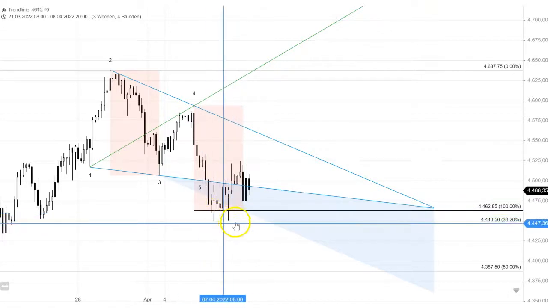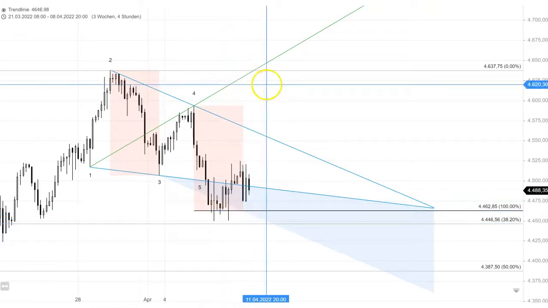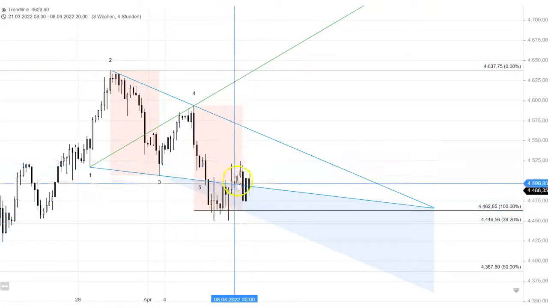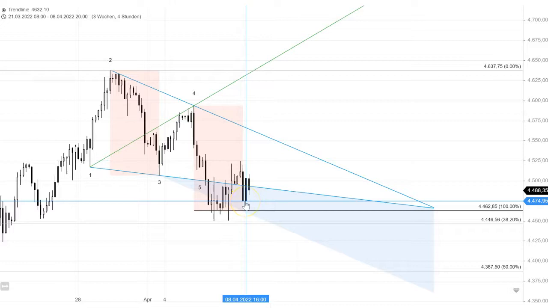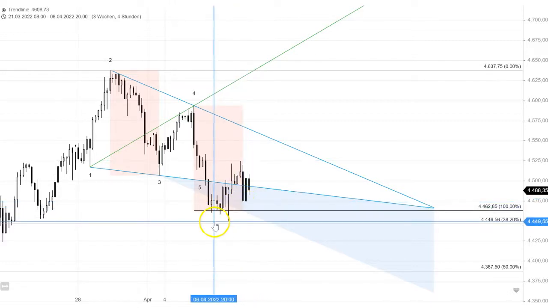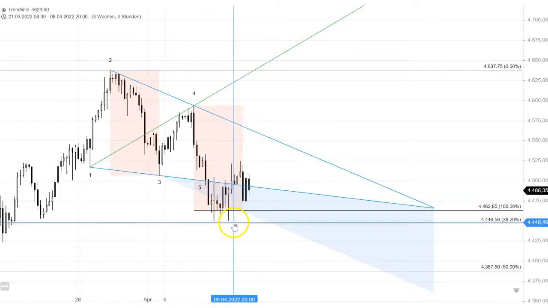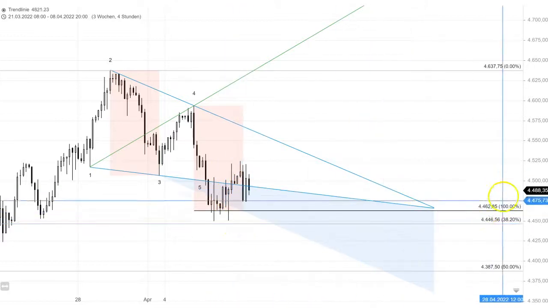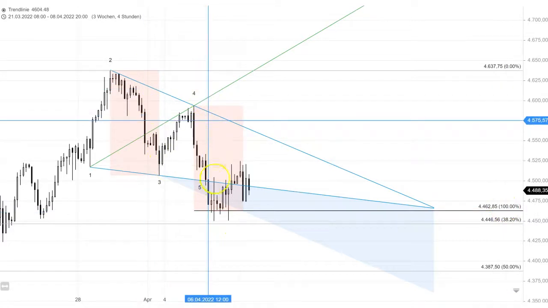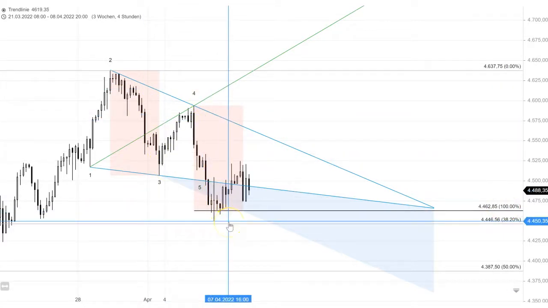If these 2 lows hold, there's a good chance that we jump up here again. Right now it doesn't really look like the market wants to turn around yet, but sometimes it's a bit tricky when they want to find a bottom. And so that's our 100% target of that ABC. That condition is met.